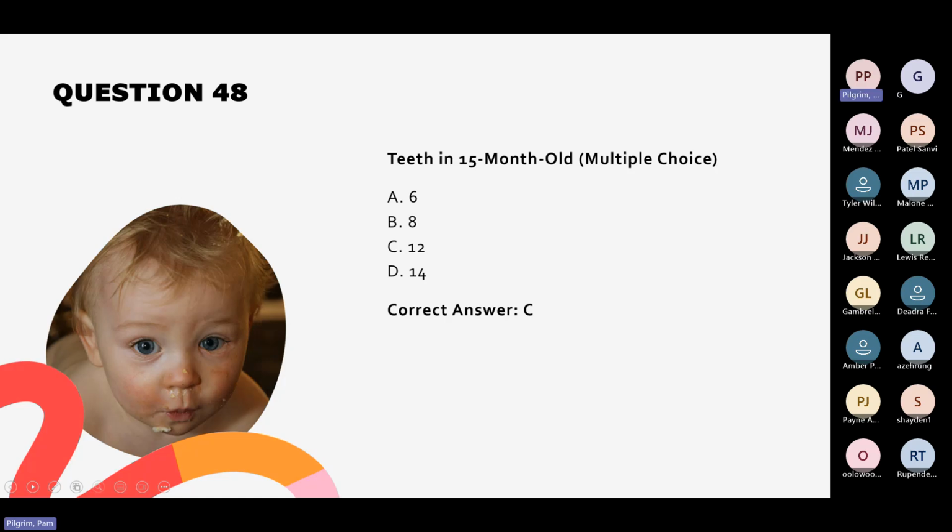There are different ways to look at that, but it's the age in months minus 6. 15 minus 6 is not 12. Maybe it's a typo? I don't think it's a typo, because teeth usually come in pairs, so it's going to be an even number. Okay, so the closest number, but it is the age in months minus 6.